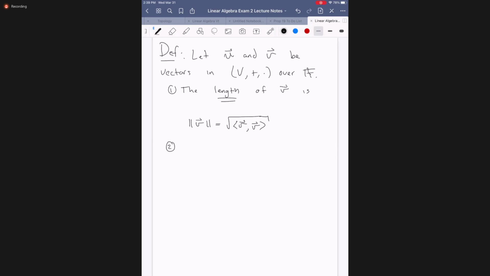Two, the distance between U and V, d of U, V, is just going to be the norm of U minus V, and the norm is how it's defined right above.